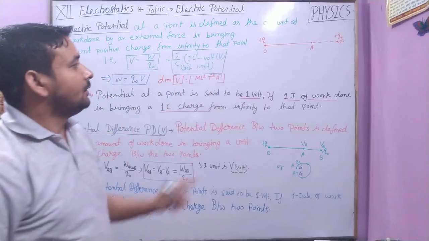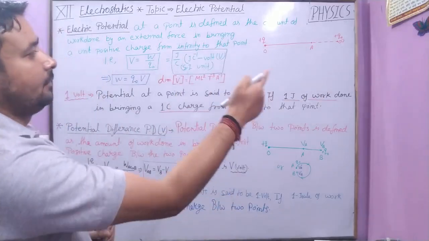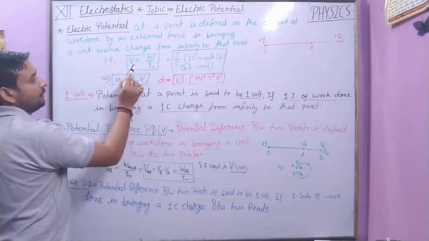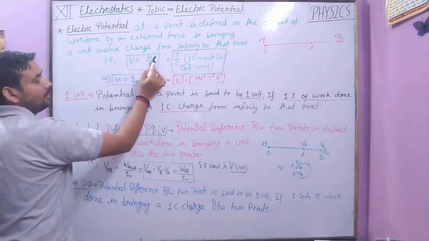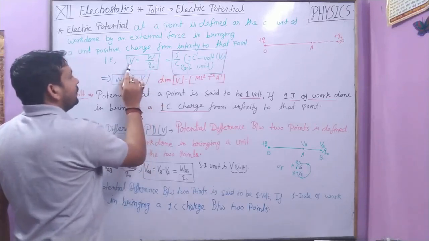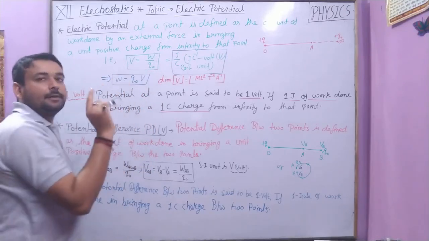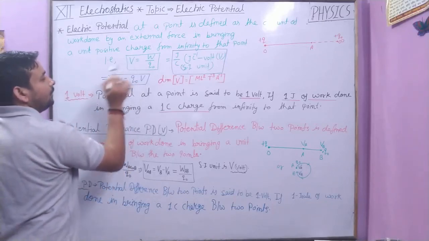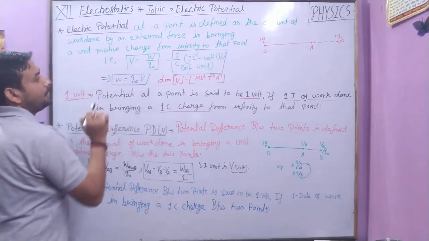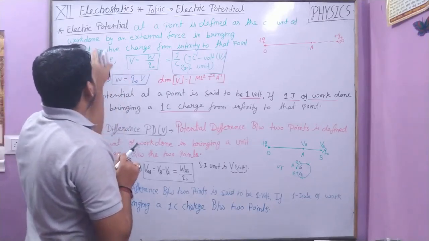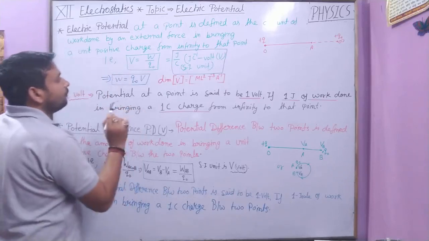As explained, for the point A, V is equal to work done upon unit charge, where V is denoted by the capital letter V, which represents electric potential.